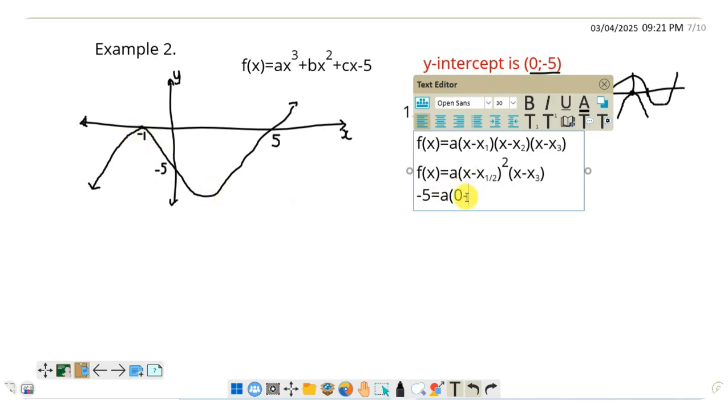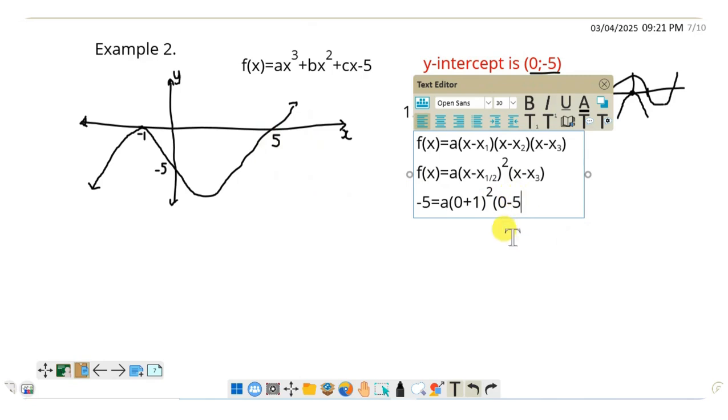It's going to be negative, negative, because it comes from negative, positive, positive, squared, and then x is 0 minus 5, positive 5.